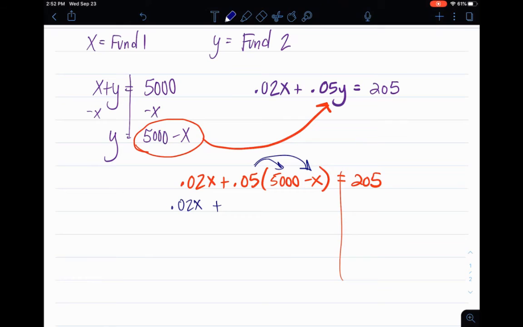Says it on your paper. Then 0.05 times negative X. Then we'll combine like terms.